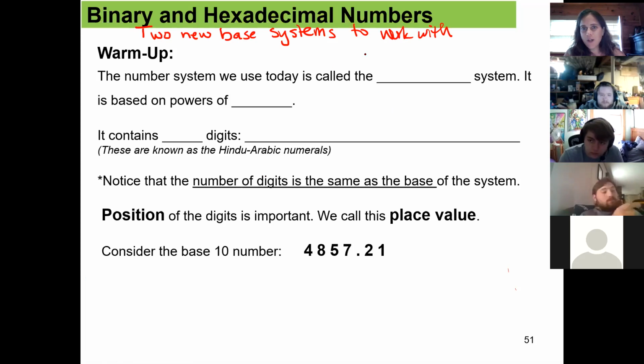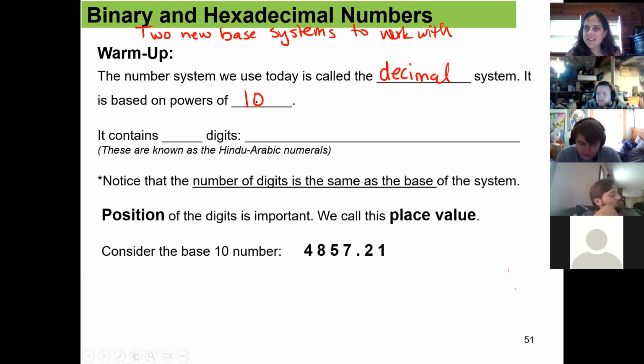The number system we work with and use today on a regular basis is called the decimal system. And it's based on the powers of 10, and it contains 10 digits. Those are related.